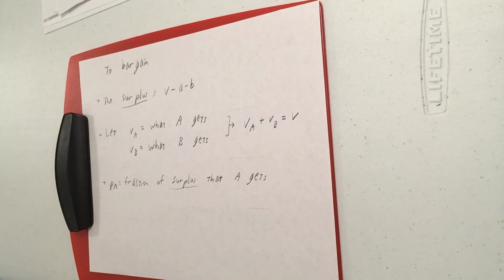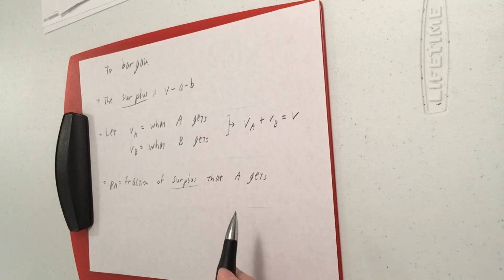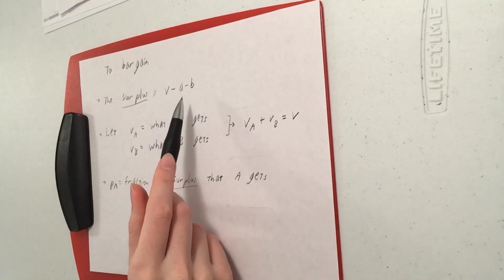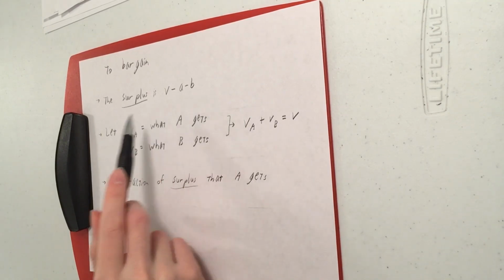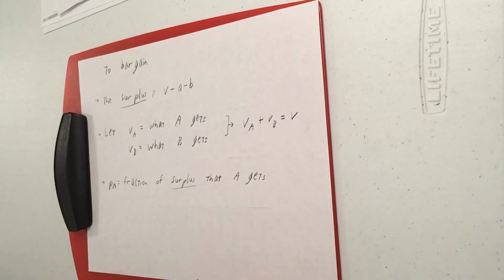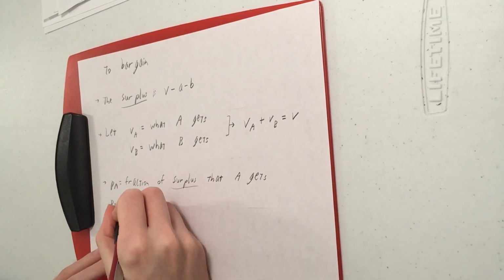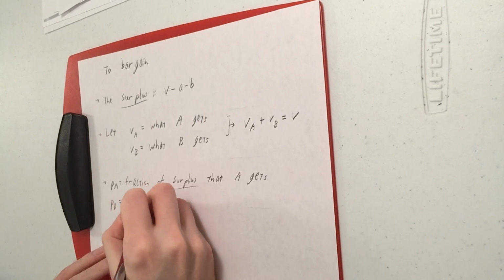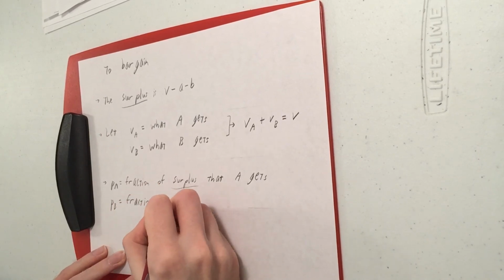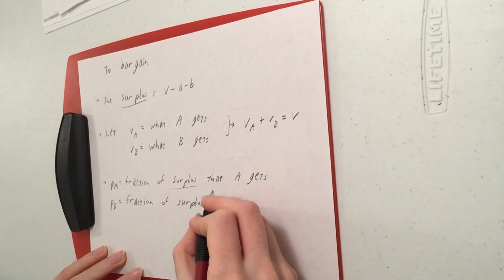So the total value is just the total amount of money that's being divided up. The surplus is that amount after you subtract the BATNAs. So they're not the same thing. PB is going to be the fraction of the surplus that goes to person B.